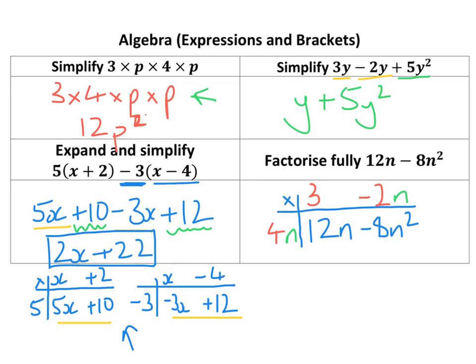So my final answer would be 4n brackets 3 minus 2n, there you go. So just take a little bit of care. These little tables I think are quite useful because they're like the multiplication tables you probably used before.